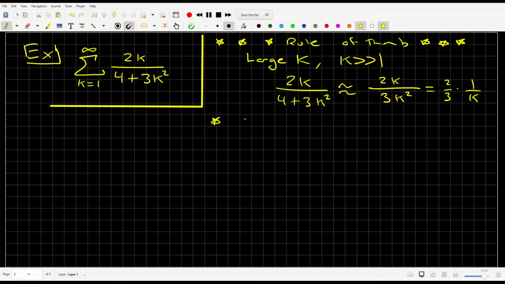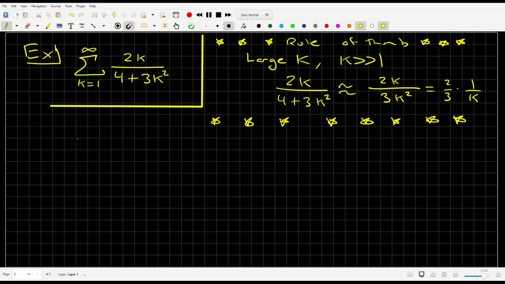And we know that from the p-series test, the harmonic series diverges. So for very large values of k, this series is looking very similar to a harmonic series, and therefore we expect this series to diverge.